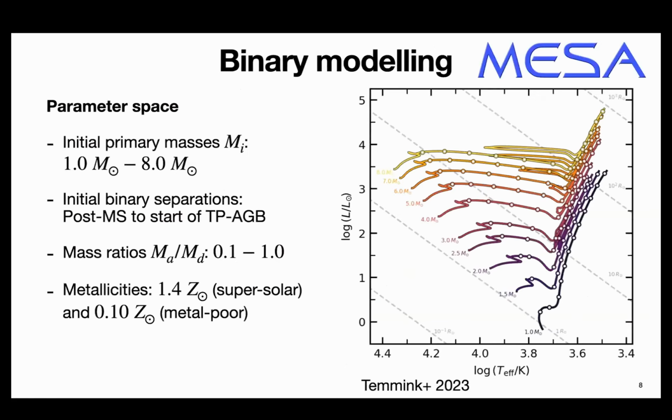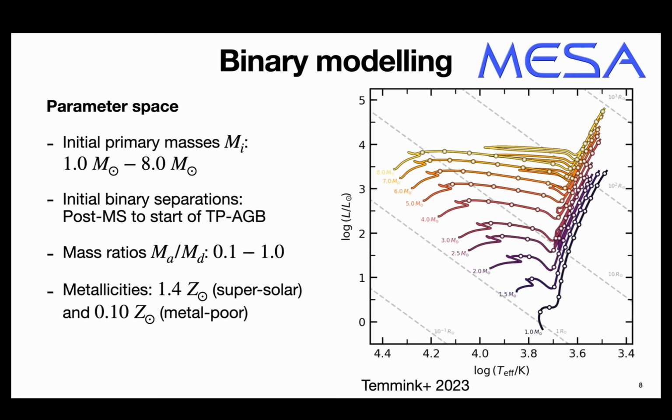So what I do is a lot of binary modeling using the stellar evolution code MESA, and I probe the parameter space of initial primary masses of 1 to 8 solar masses, so really the low and intermediate mass regime. I do this for initial binary separations from the post-main sequence to the start of the TP-AGB.